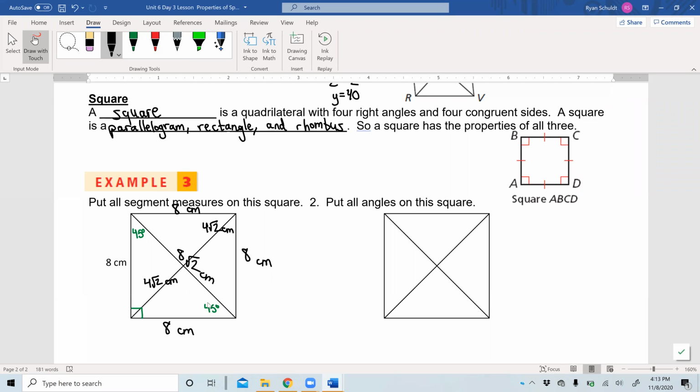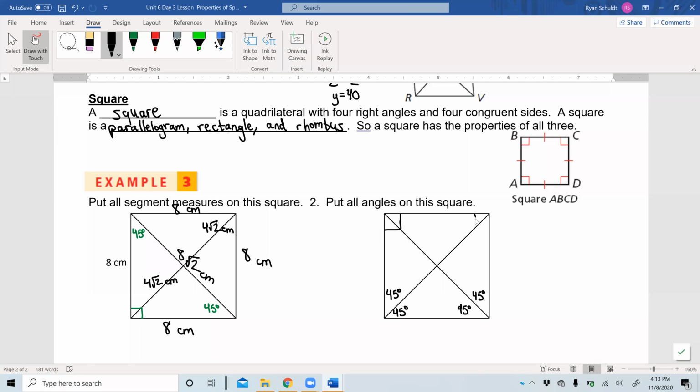Okay. Second part says put all the angles on there. So I'm going to do what I can here. We're going to say this is a right angle right here. These are 45 degrees over here. 45 degrees right here. 45 degrees right here. 45 degrees right here.